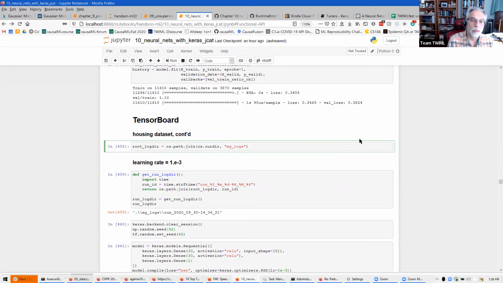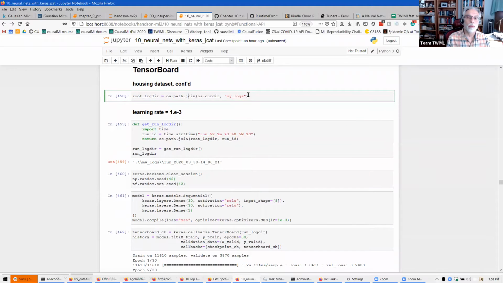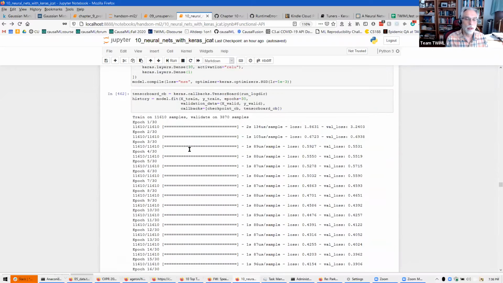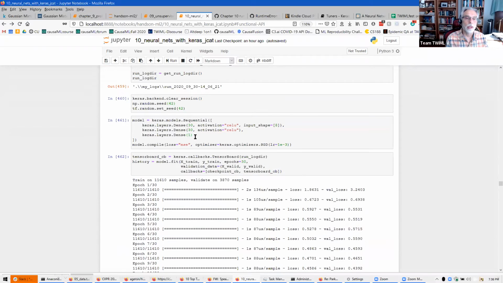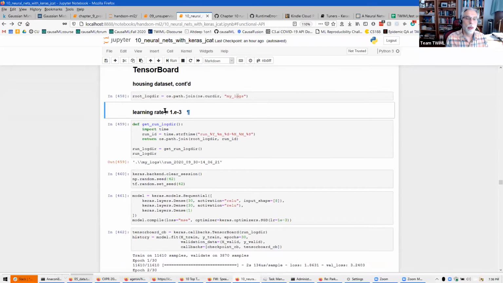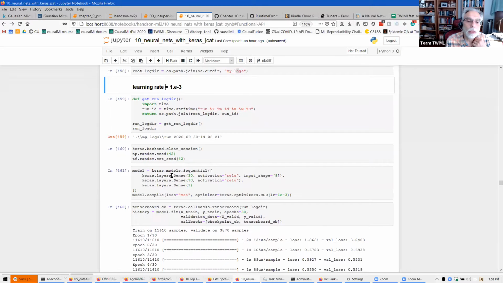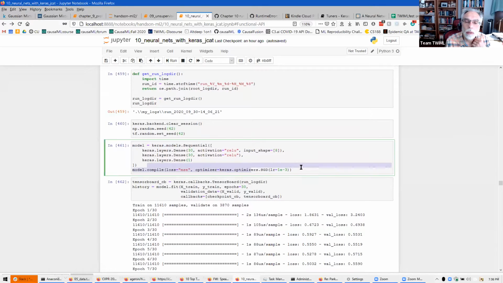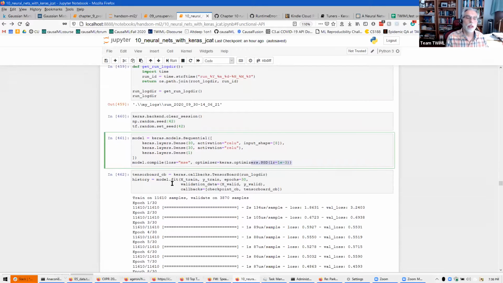You have to define a log directory where you stick the resulting logs. And I labeled this because it's not clear if you don't have that label. The first thing he's doing is running the model with a learning rate of 10 to the minus 3, which you can see here. The learning rate is 10 to the minus 3.